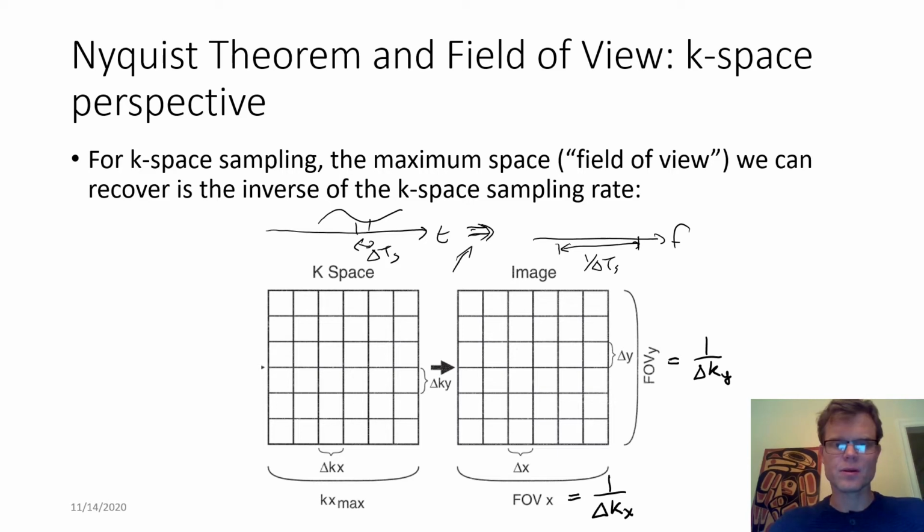And remember, the common thing here is we have a Fourier transform between these domains. So in one domain, if our sample spacing is, for example, delta kx or delta ky, then in the Fourier domain, that's going to correspond to our region of support, or the maximum area that we can unambiguously recover, which we refer to as the field of view, is going to be the inverse of this sampling rate or sample spacing.